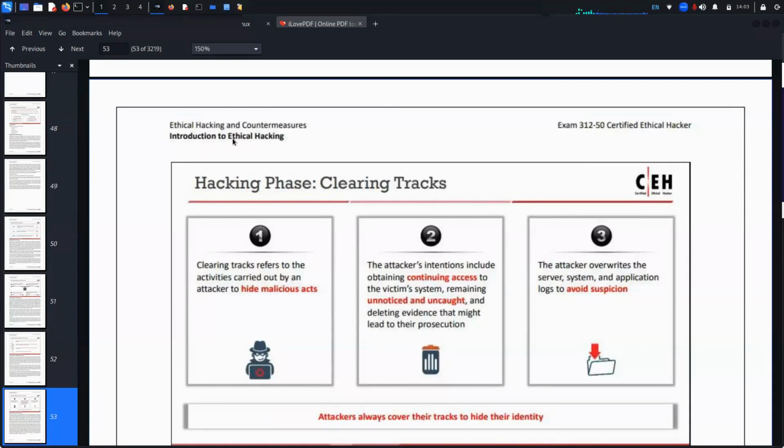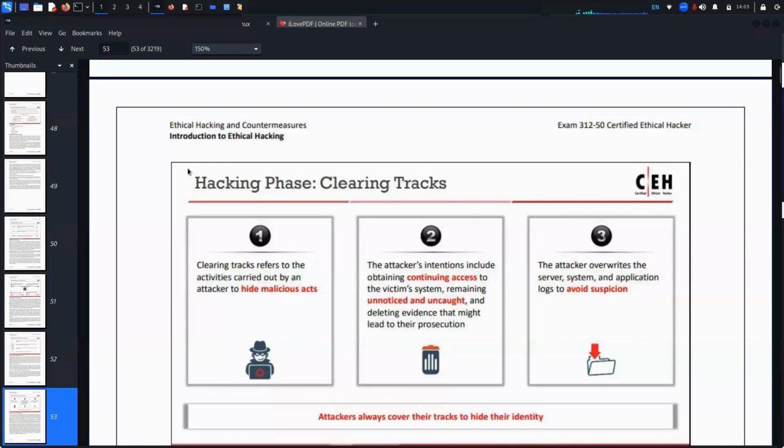So the first thing that we do whenever we gain access to a system is turn logging off. There are a lot of methods to turn logging off that we will be covering in the clearing tracks phase itself. That's a separate module in itself. But yes, we turn logging off and then we start our work.